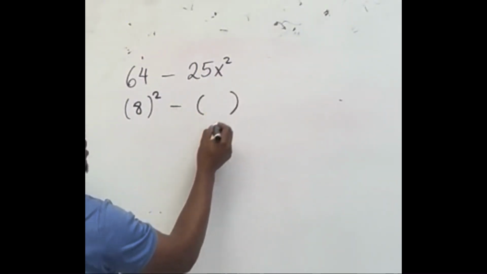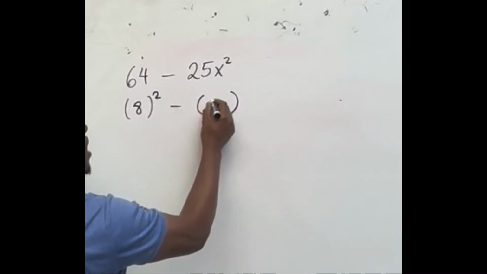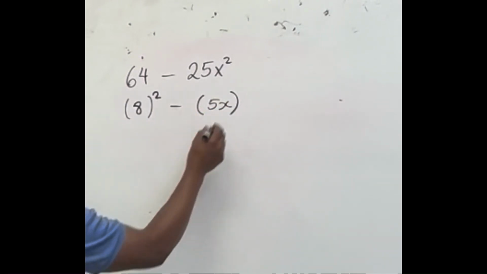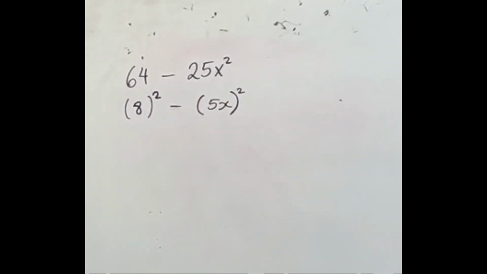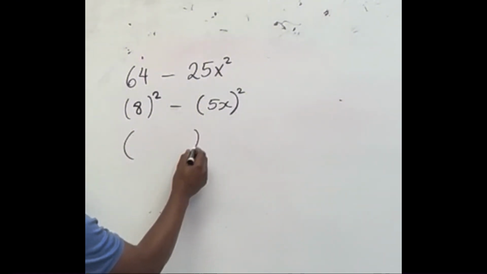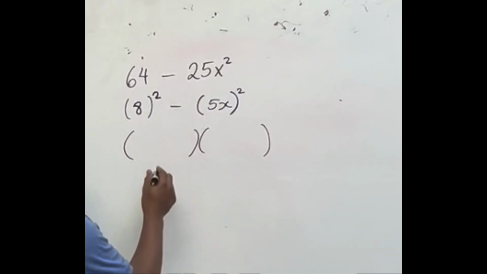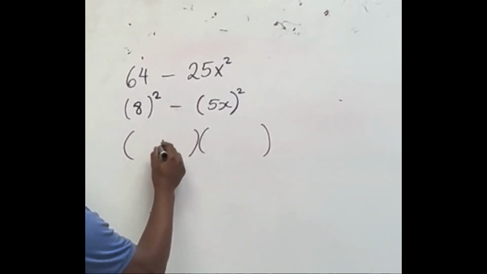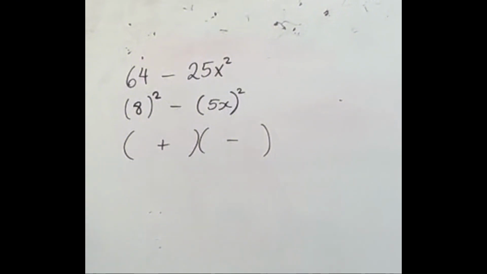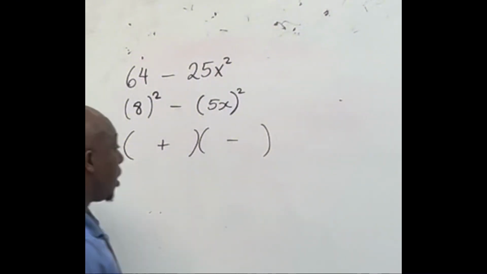So how do I express this? 5x with the square outside. With this, you're done. Are we going to put the squares again? Plus, minus. Got it?